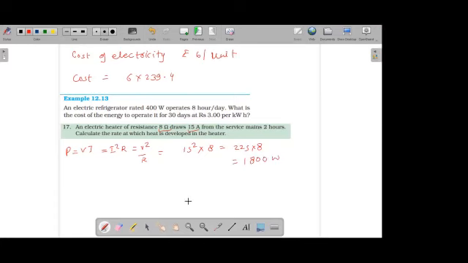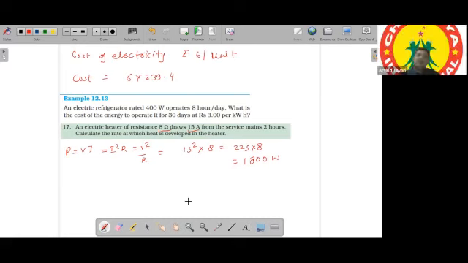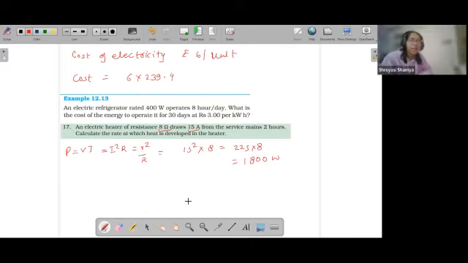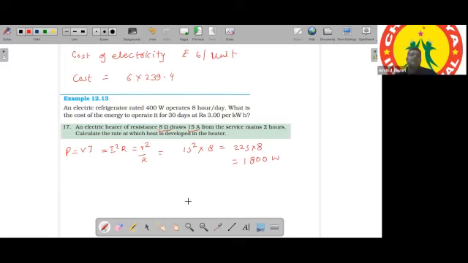Sir, rate of doing work is power. It's mentioned in the reader that the rate at which heat is evolved also means power, sir. Yes, the rate at which heat is evolved. Heat is energy, and work and energy are equivalent. Sir, time was of no use, right? It's of no use, just given to confuse.